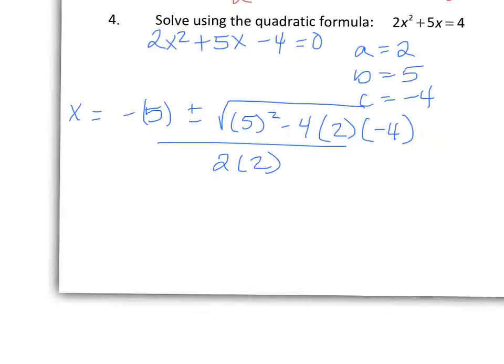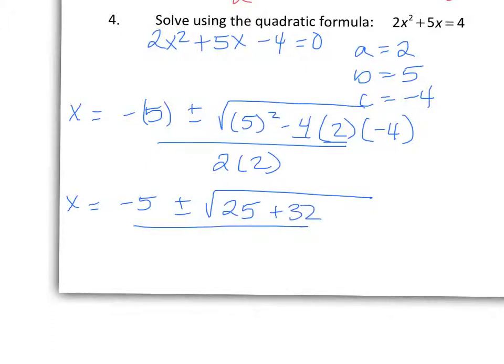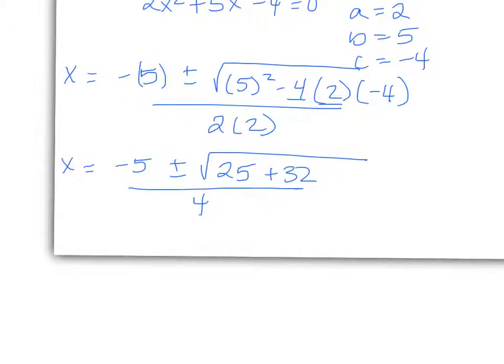So I'm going to go ahead and simplify. Negative 5 plus or minus the square root of 25. Now negative 4 times 2 times negative 4 is going to be a positive 32, all over 4. We got x equals negative 5 plus or minus the square root of 57 over 4. And I'm going to see if I can break 57 down.